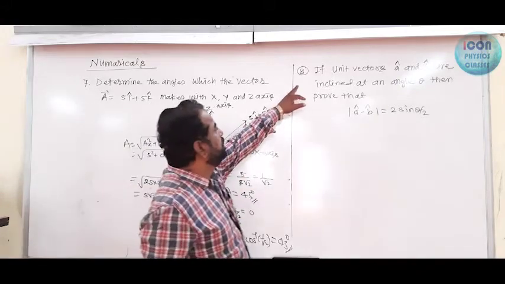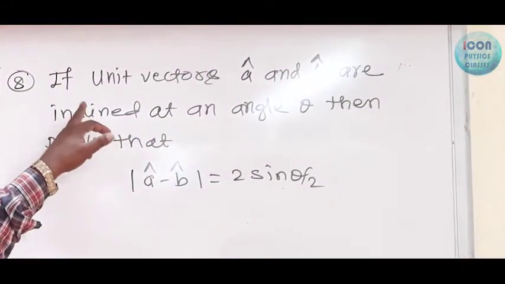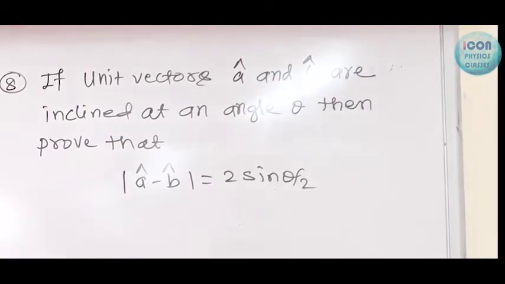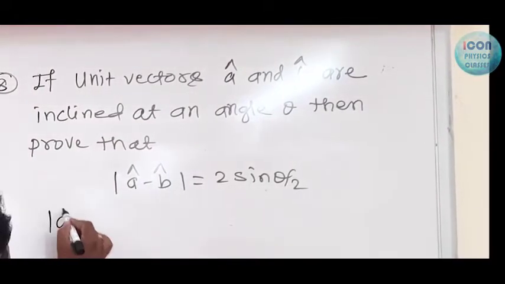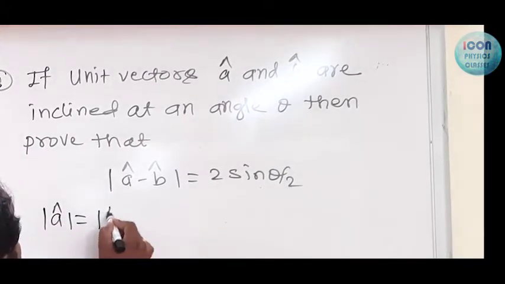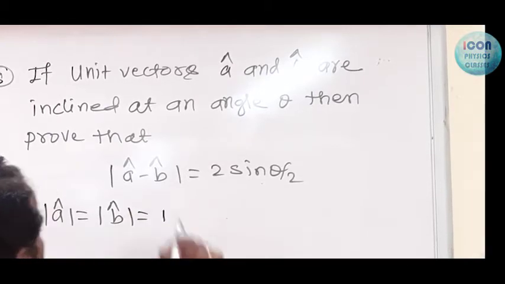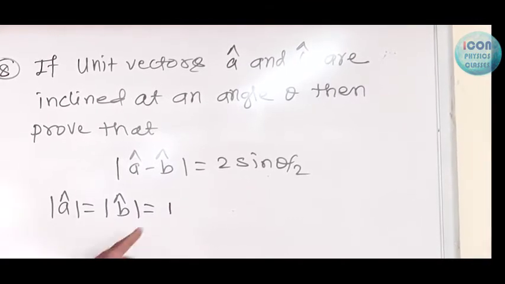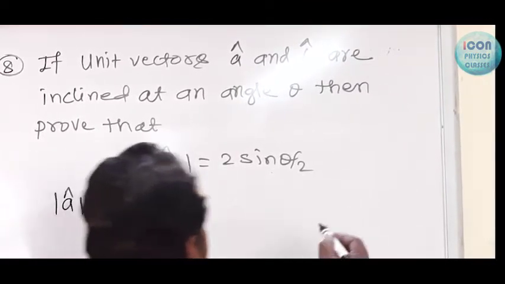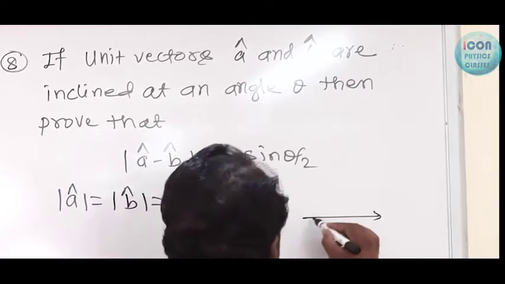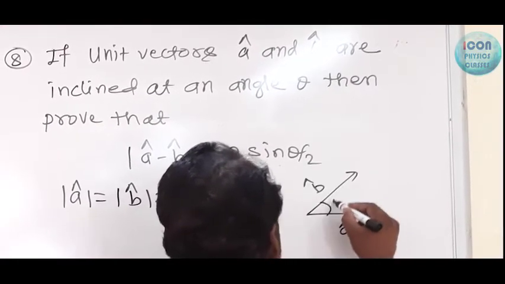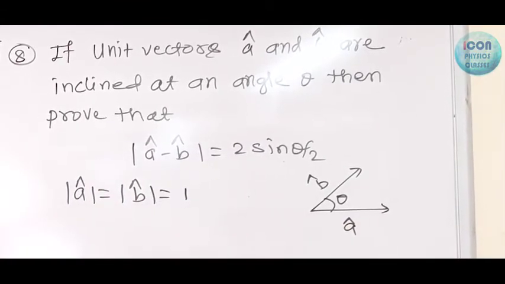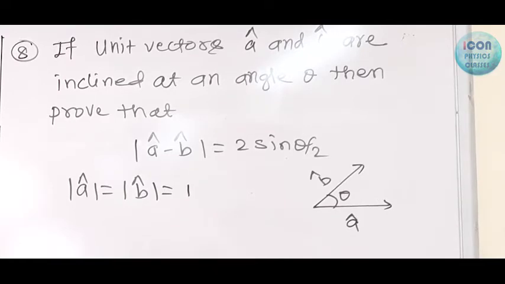Now the next problem, number 8. If unit vectors A and B, unit vector meaning magnitude 1, that is magnitude of unit vector A is equal to magnitude of unit vector B is equal to 1, are inclined at an angle theta, meaning vector A and vector B are inclined at angle theta, then prove that magnitude of A minus B is equal to 2 sin theta by 2.